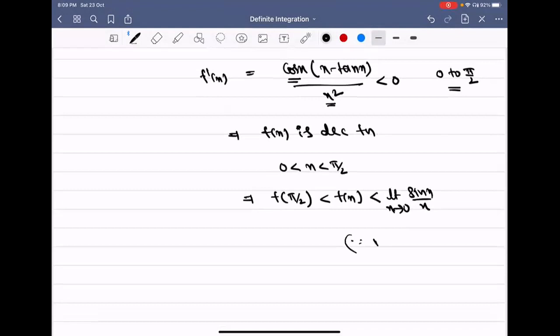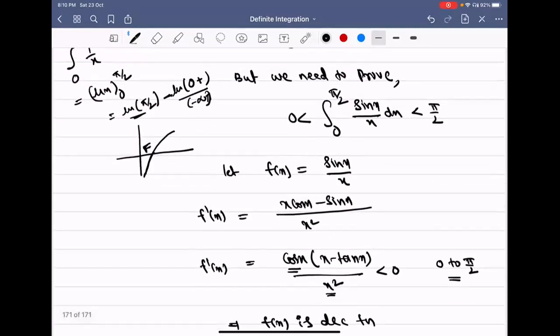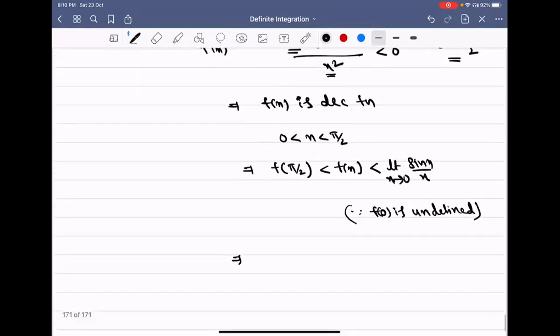Since f of 0 is undefined, so this is f of pi by 2. F of pi by 2 will be what? F of x is equal to sin x by x. Therefore, f of pi by 2 is sin pi by 2 over pi by 2 is less than f of x is less than limit x tending to 0 of sin x by x.